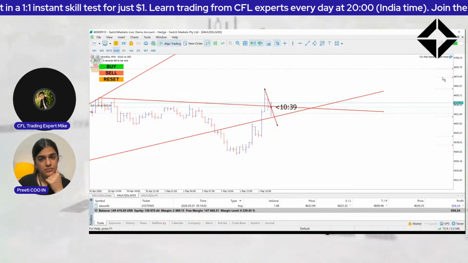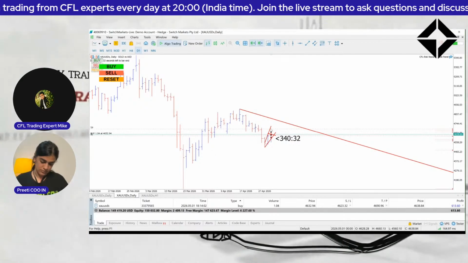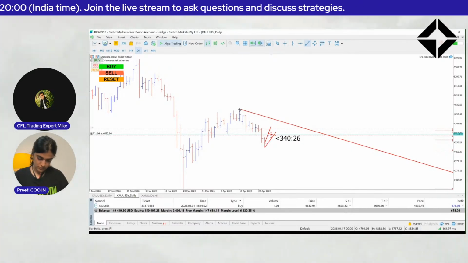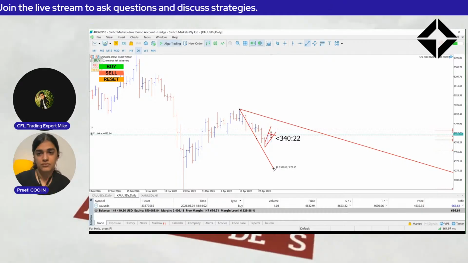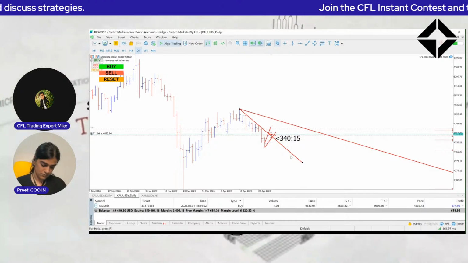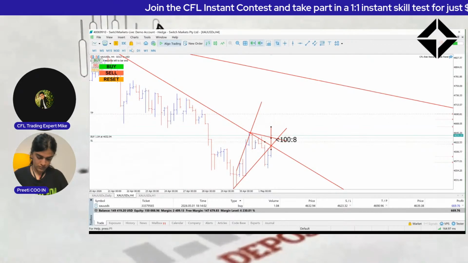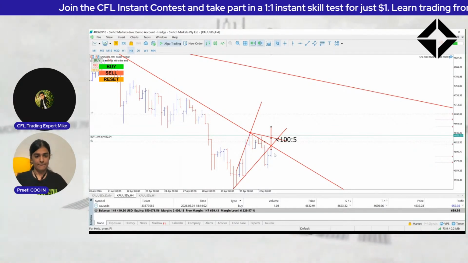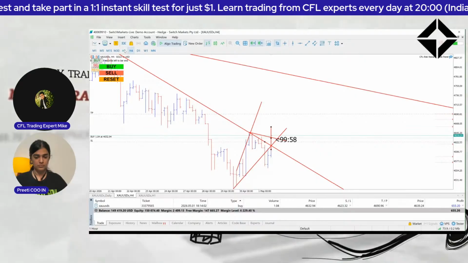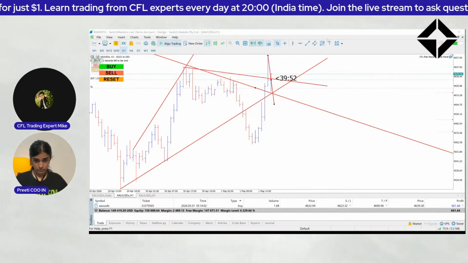Okay, leave it because there was one of the possibility. Okay. Looks to me a quite good trade.